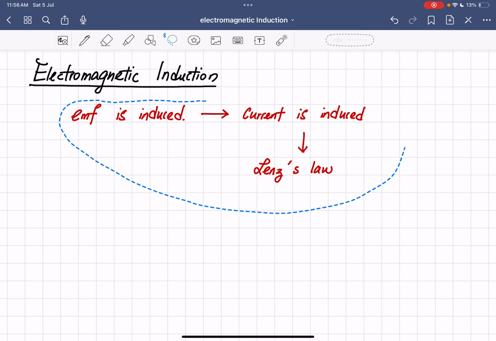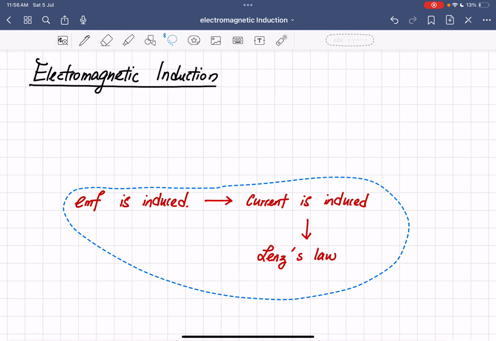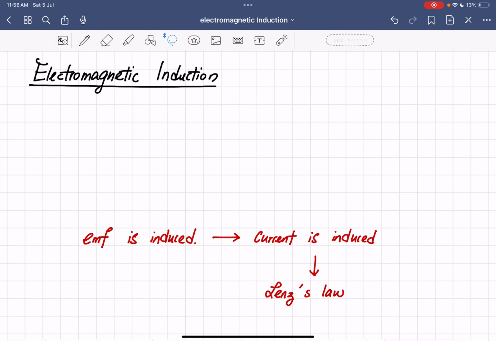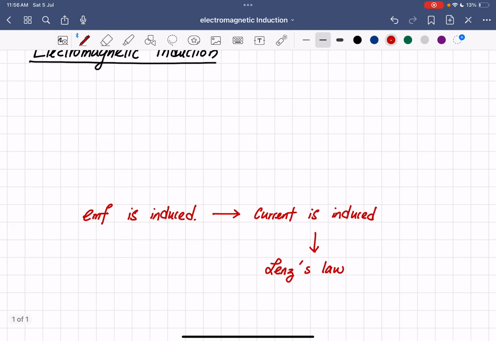And to get that happen, Faraday did a lot of experiments, and he found out that there are two possibilities that the EMF will be induced. Essentially, we need something to change. One possibility would be a cutting of magnetic field lines.